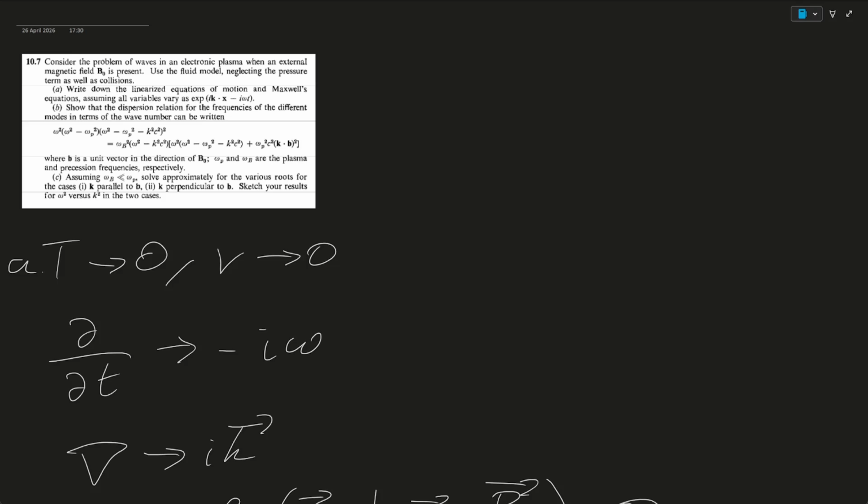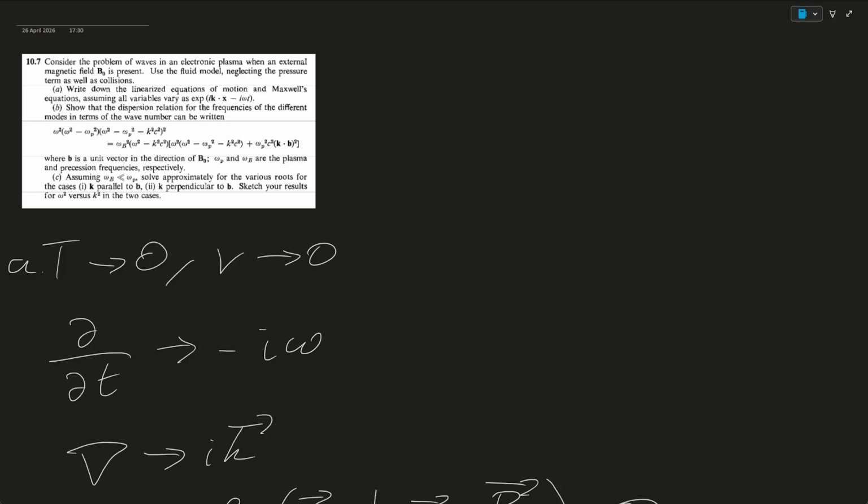At high frequencies, they split. So if omega is roughly equal to kc, you would see that omega squared is roughly k squared c squared plus omega p squared plus or minus some things.